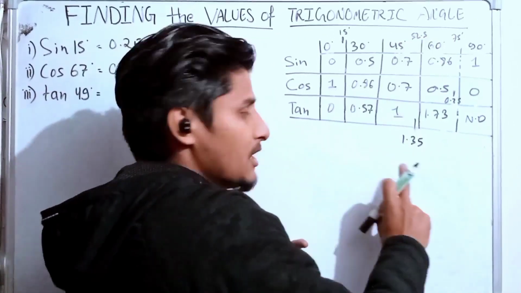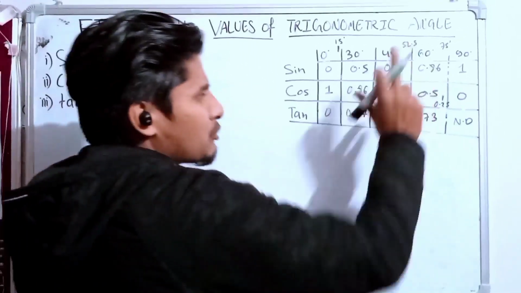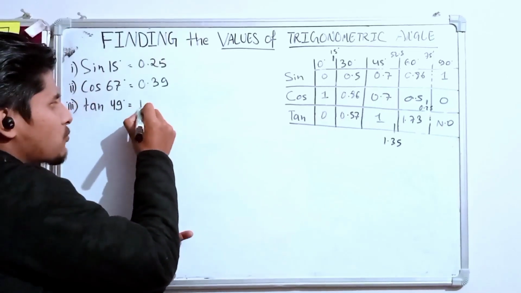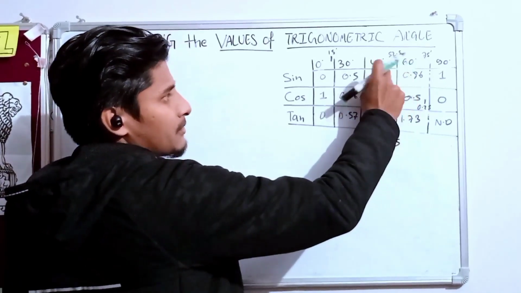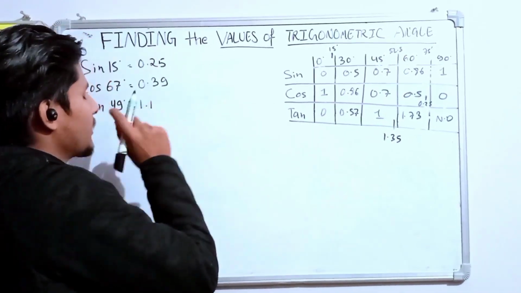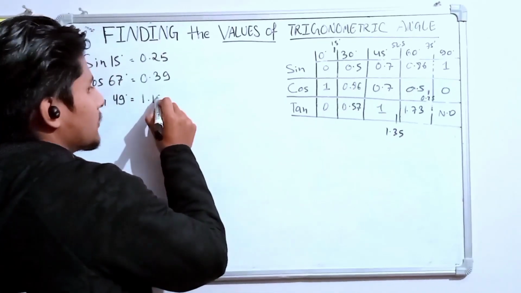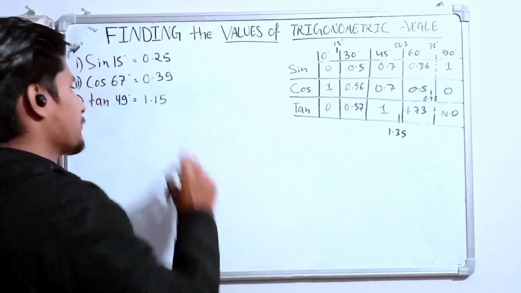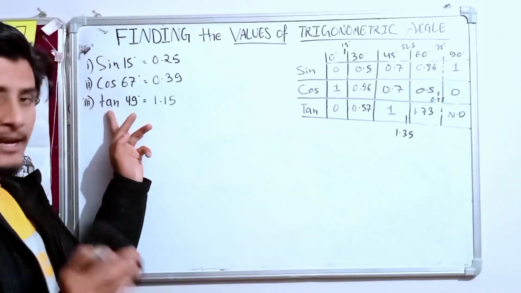So for 49 it should come to almost 1.15.